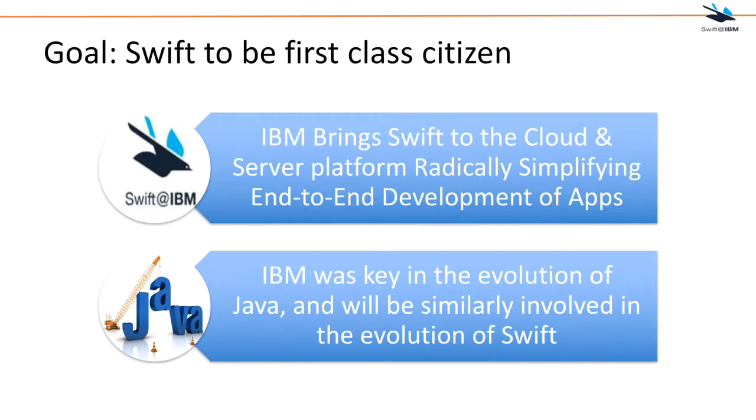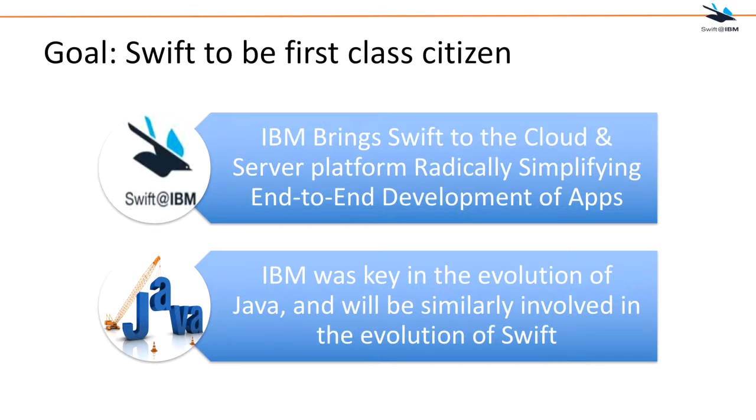So in summary, I would like to leave you with the fact that IBM is trying to bring Swift to be a first-class citizen on the server platform, which means IBM is bringing Swift to the cloud and server platform to radically simplify end-to-end development of apps, to make it easy for the enterprise to use the same language across all platforms.